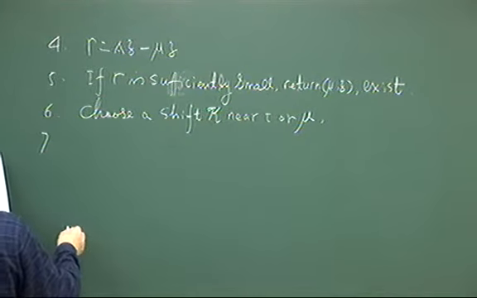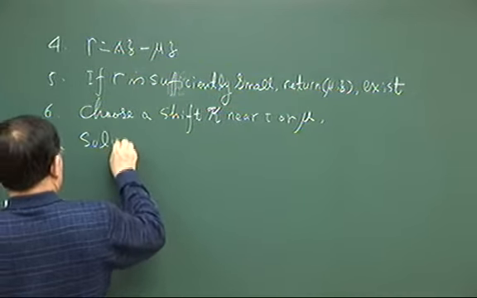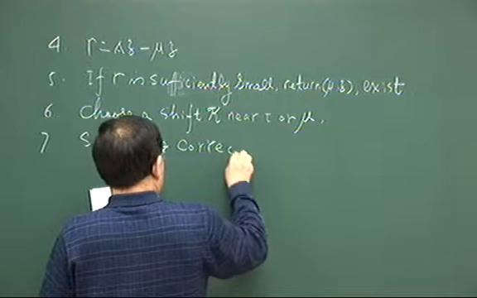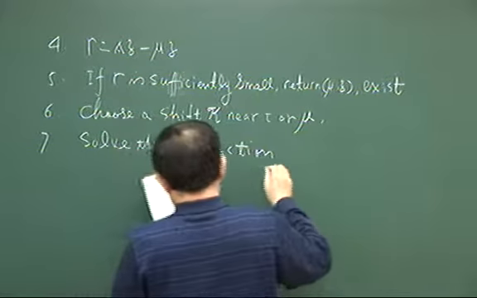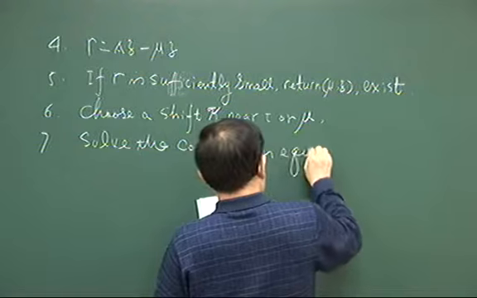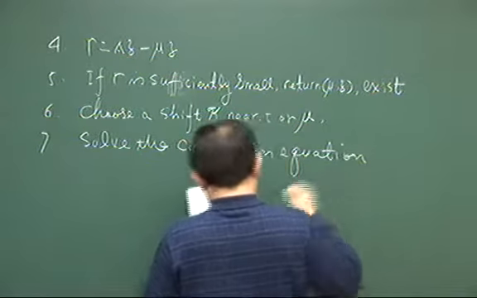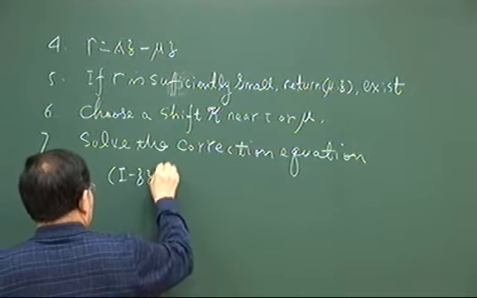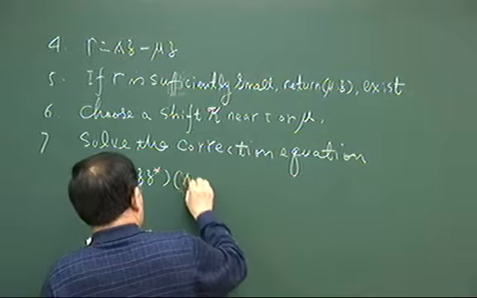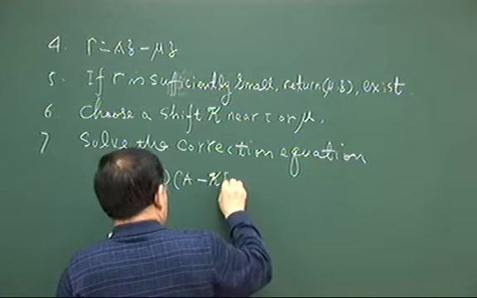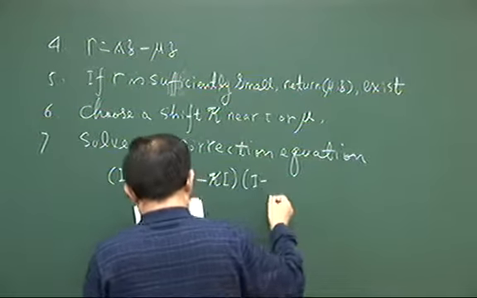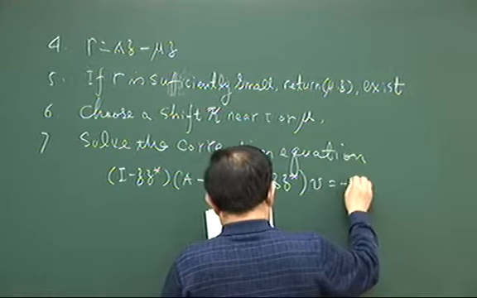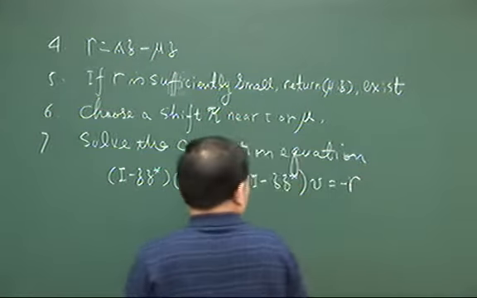Step 7: solve the correction equation, this one, (A minus kappa I) with this.